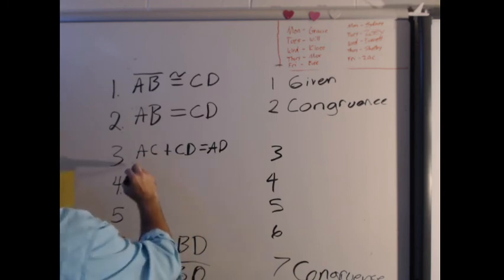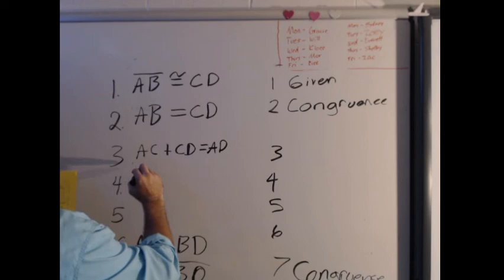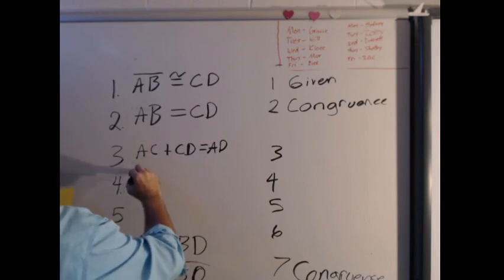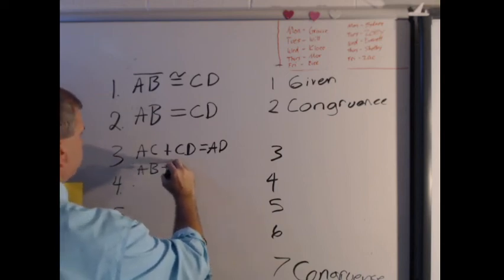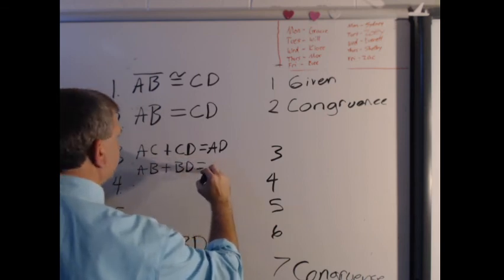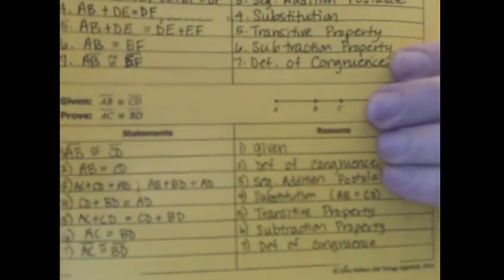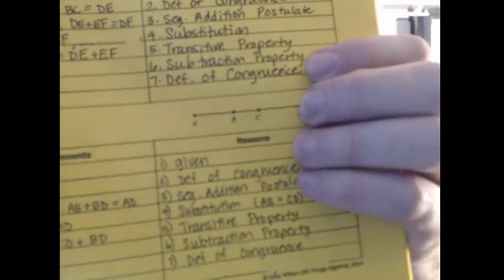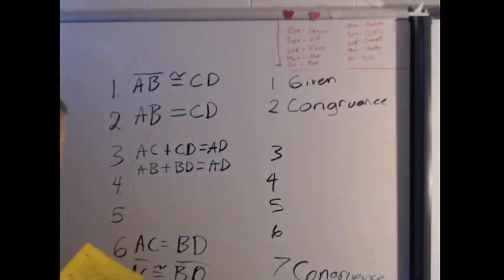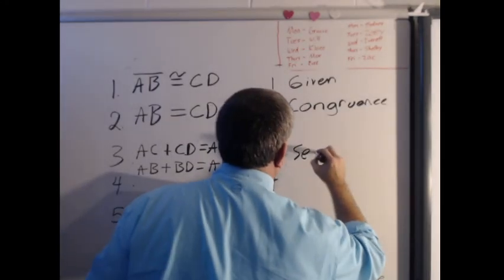And then also AB plus BD is equal to AD. Okay. And this is all off that one line. Sorry. It's all based on that line right there. Okay? So I know that that's going to be segment addition.